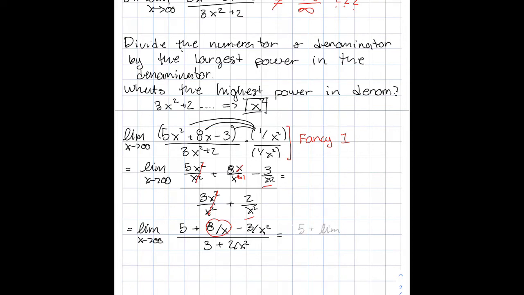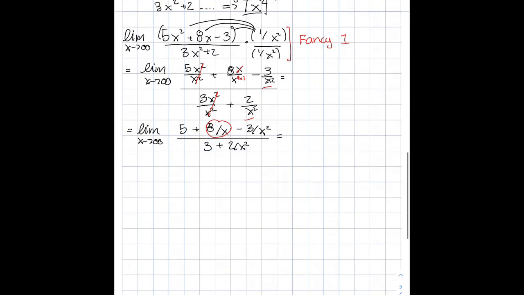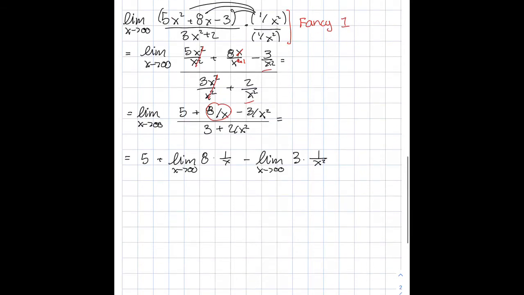I want to show this in full detail so you guys can see it the first time. So that 5 is a constant, so it's just 5 plus the limit of 8 times 1 over x, as x is still going towards infinity, minus the limit as x goes to infinity of 3 times 1 over x squared, which we know is 1 over x times 1 over x, and it'll behave the same.